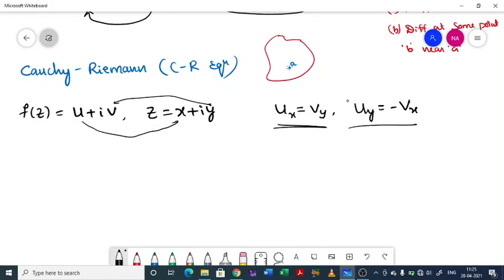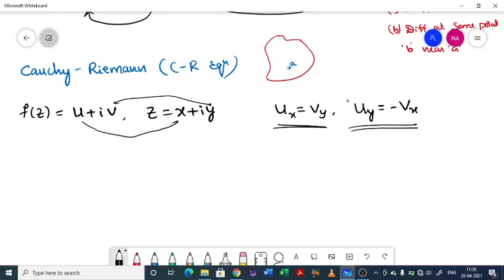So given any function, to check whether it is analytic or not, you find these derivatives ux, uy, vx, vy, and check whether this condition holds. If it holds, the conclusion is that the function is analytic at the given point.